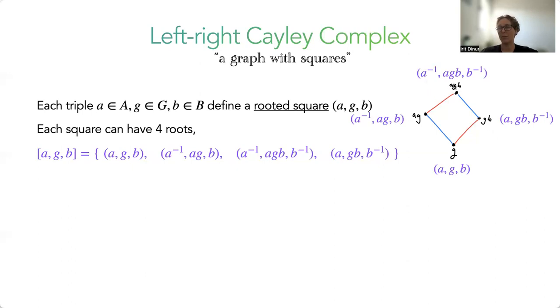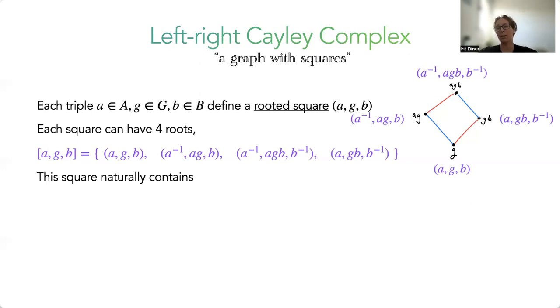Okay, so this triple A inverse, AGB, B inverse describes the same square from a different root. So if I want to discuss unrooted squares, I'm going to identify these 4 different triples as one equivalence class. Okay, so a rooted square is just a triple AGB, and an unrooted square is this equivalence class. Okay, we're going to only talk about unrooted squares.